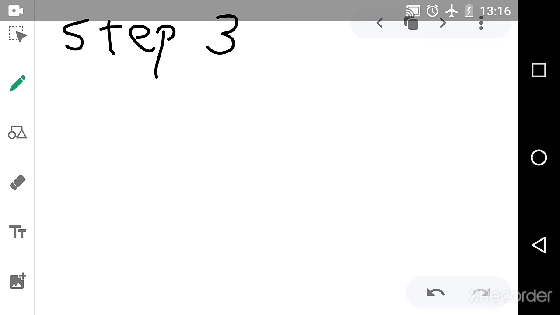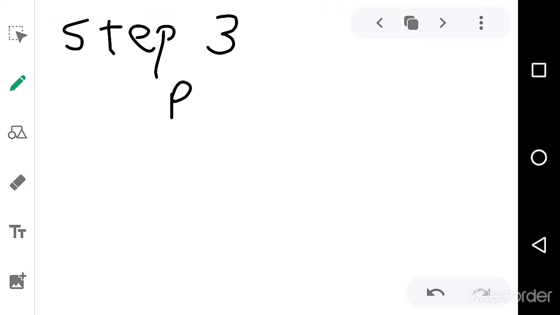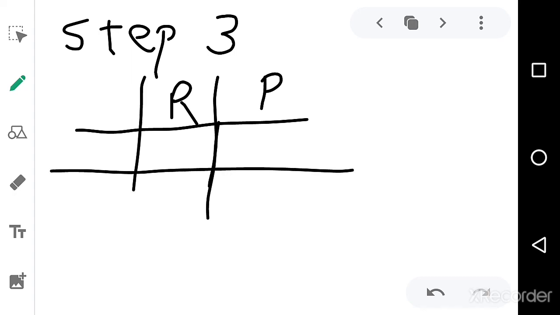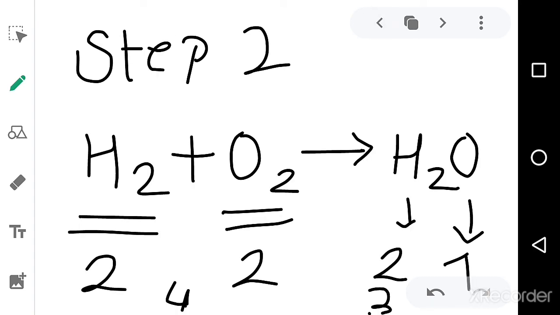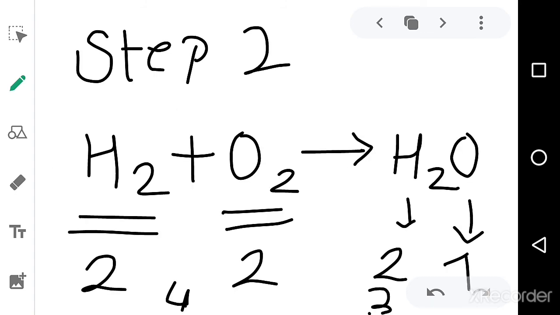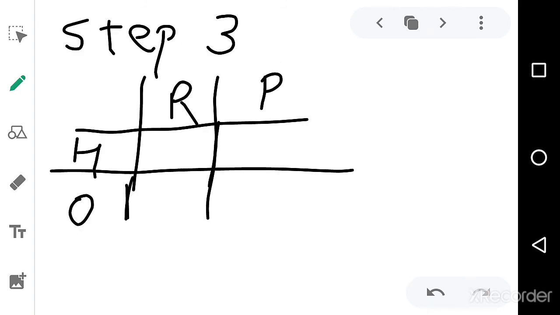Now we will make a one column table. R is for reactant and P is for product. In the previous slide, you can see two elements, H and O. So we will write the elements H and O. On the reactant side hydrogen 2, oxygen 2.